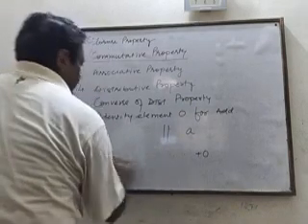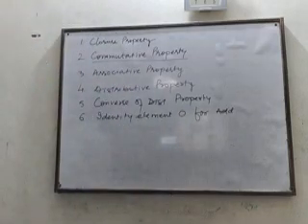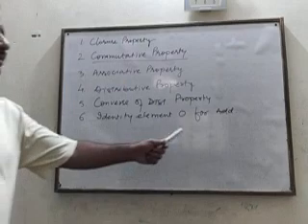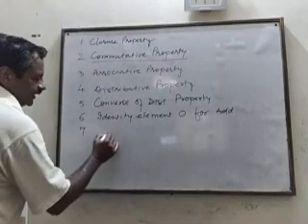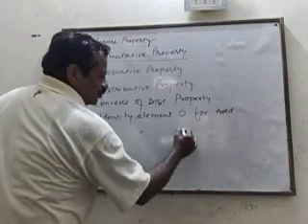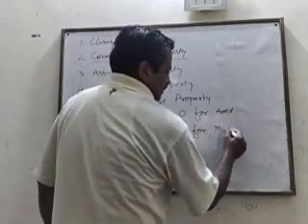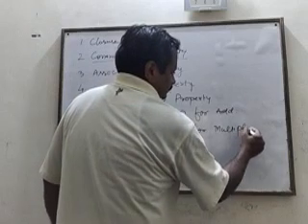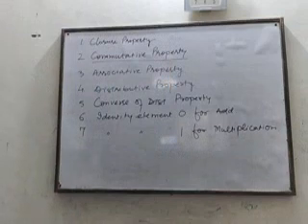So this is the last property, that is identity element for addition, and one more is there, identity element 1 for multiplication.